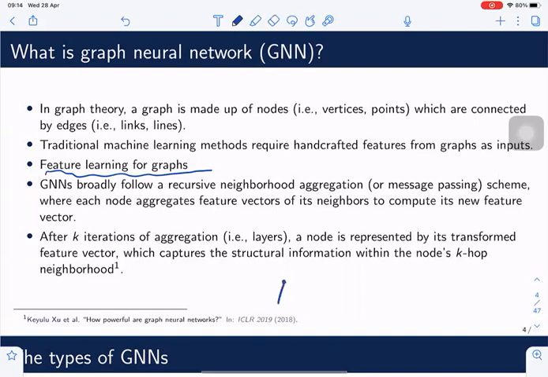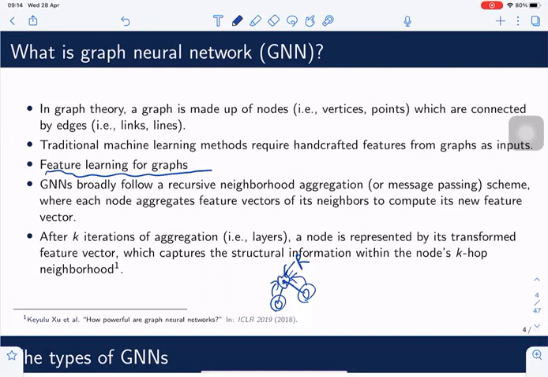If we have a node here with two neighbor nodes, and we want to learn the representation for this node, we aggregate the information from these two neighbors to generate the representation for this node. Most GNNs follow this idea.